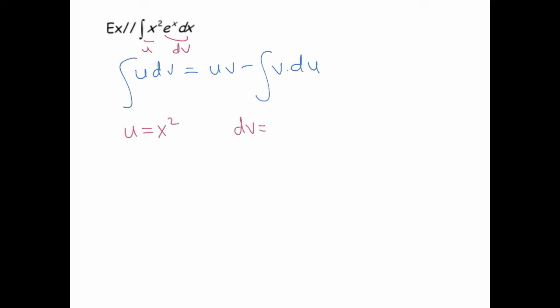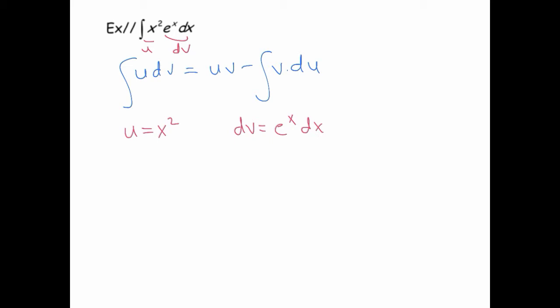So we should let our u be, so I'm going to write down the formula again for integration by parts. So I'm going to let my u be the x squared and the dv be e to the x dx, because the derivative of x squared is simpler than x squared, and the antiderivative of e to the x is totally manageable.